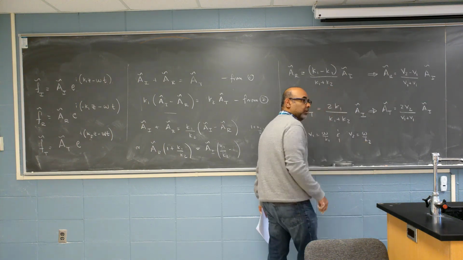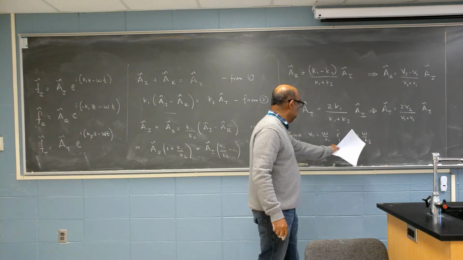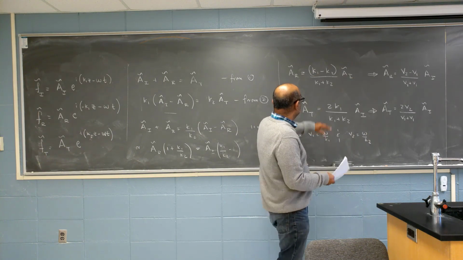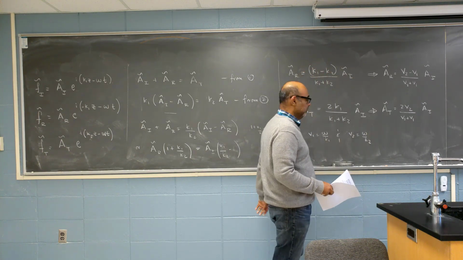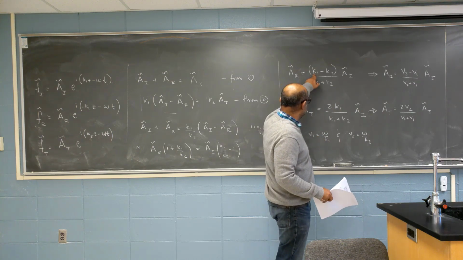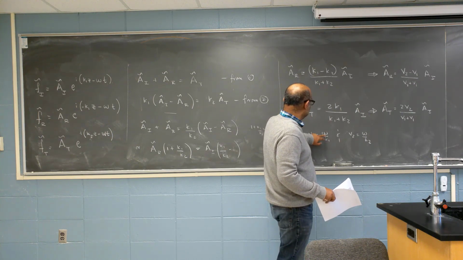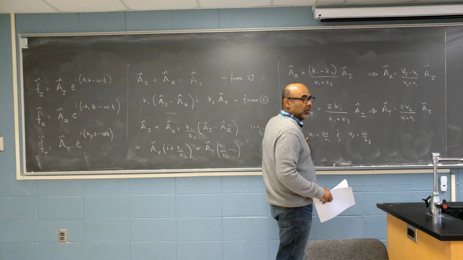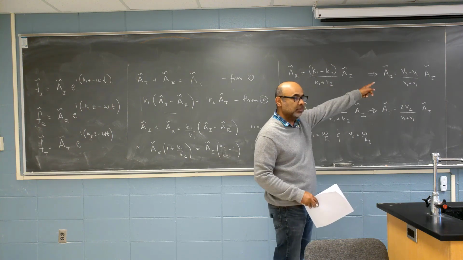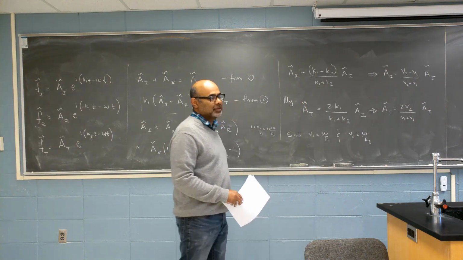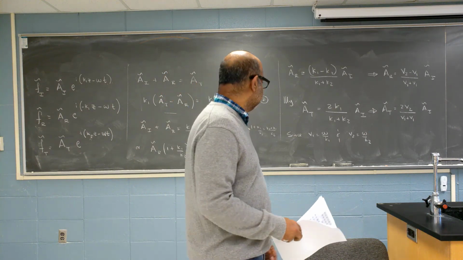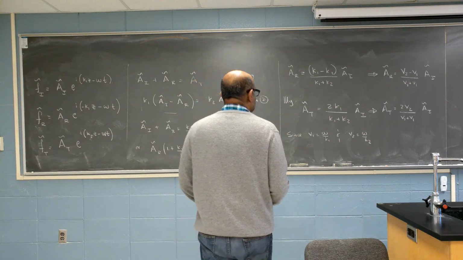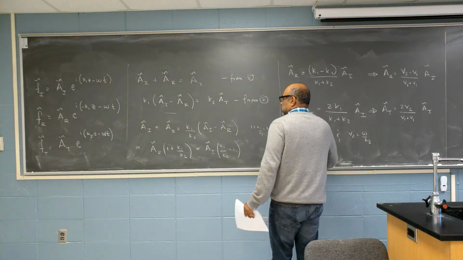It's easy to go from K to V when you have these ratios. Every time there's a K1, you substitute it with omega over V1. If you do the algebra, that pops out. The omegas simply cancel. Well, fine.